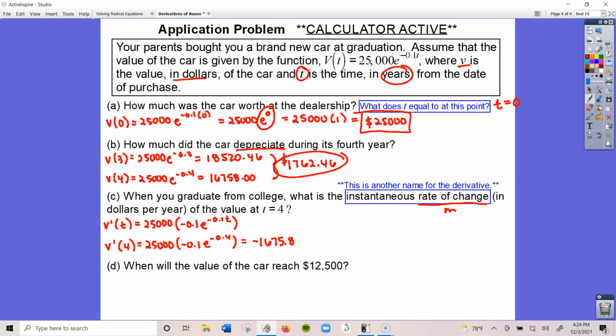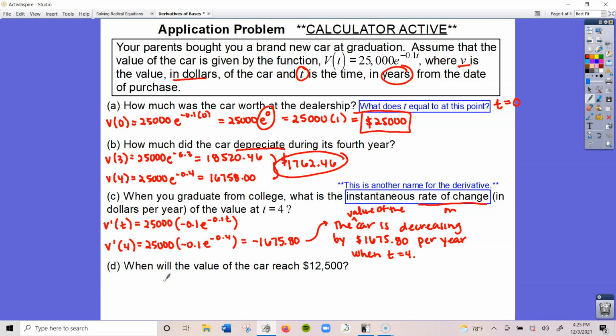So even though I didn't ask for it, what this means is that the value of the car is decreasing, because the derivative is negative, by 1,675.80 per year when t is equal to 4.